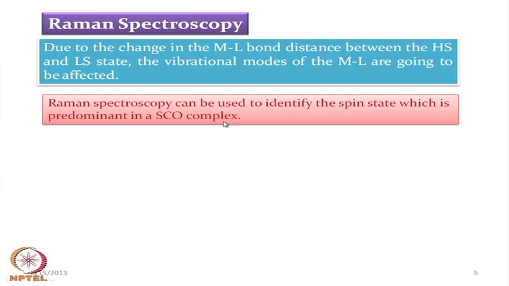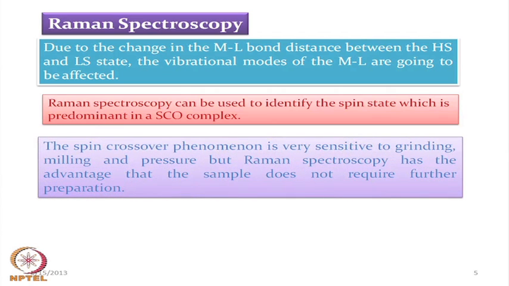Whether at a particular temperature it is the low spin complex which is exclusively present in the absence of any high spin species, or as we increase the temperature the situation changes, more and more low spin complexes change to the high spin one, and we end up close to room temperature with all the molecules transformed from the low spin form to the high spin form.